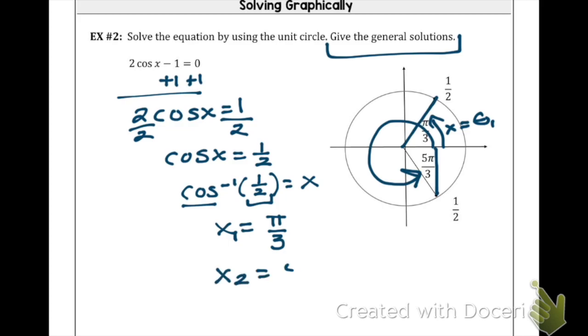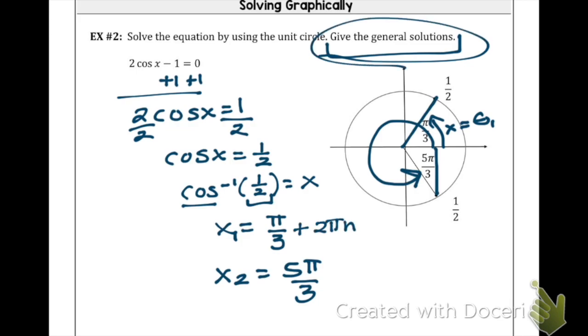Our second option would be at 5 pi over 3, because that's another place where I would have a horizontal displacement of positive 1/2. So now if I want the general solutions, I could just add a full rotation in either direction. That's why we would say n needs to be an element of the integers, because that would allow me to do positive and negative rotations.